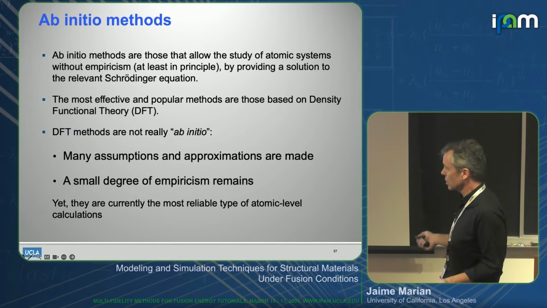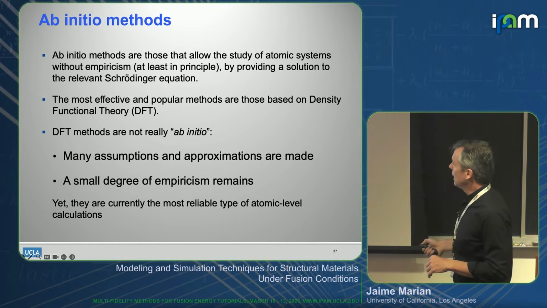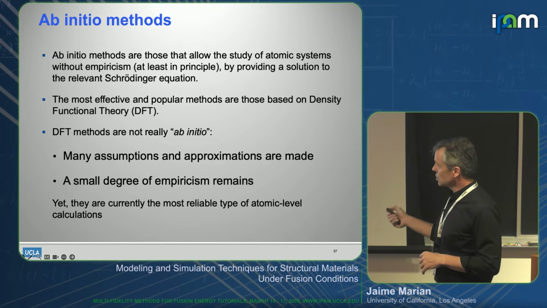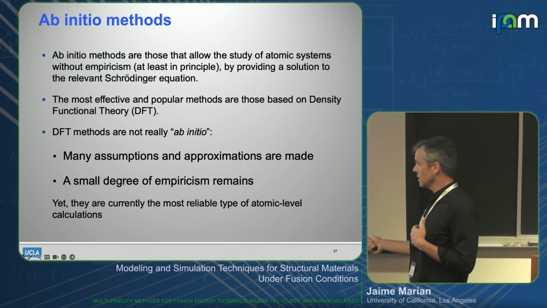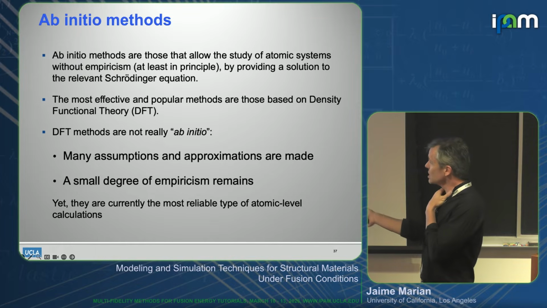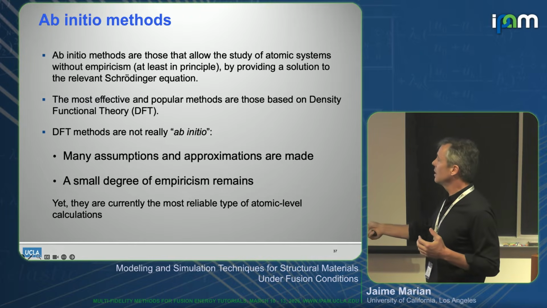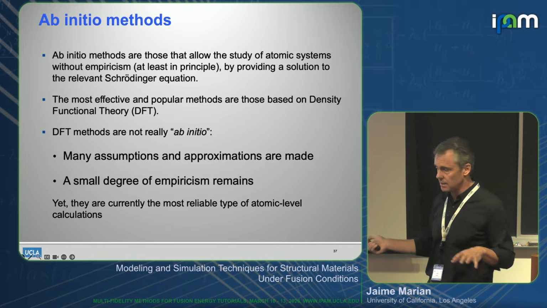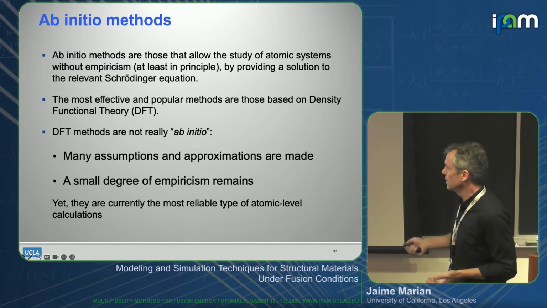By the way, time-dependent Schrodinger equations, because you have electrons going in there and particles moving in there. The practical numerical implementation, as I said, is density functional theory. But just to go from pure quantum mechanics to density functional theory, there's a bunch of assumptions that you have to make that really don't make DFT ab initio, I would say.